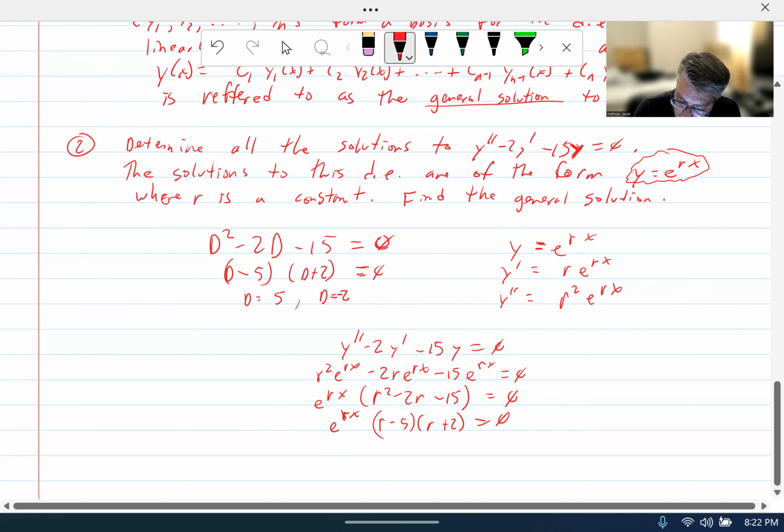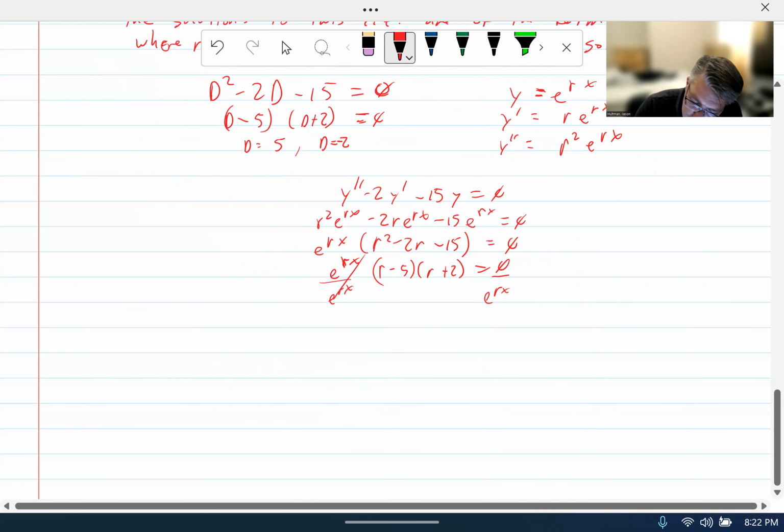Now if I divide by e to the rx, it still becomes 0. So the only thing that matters here is the r minus 5 and the r plus 2.